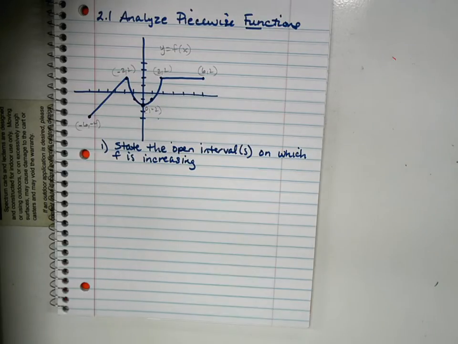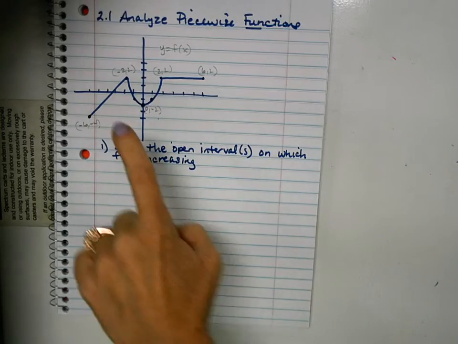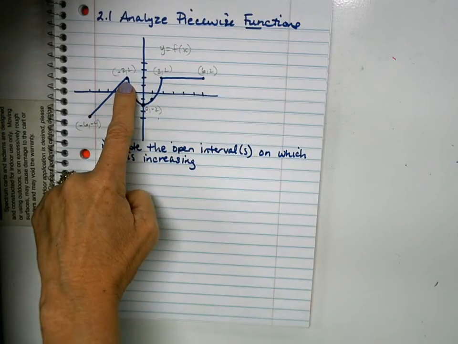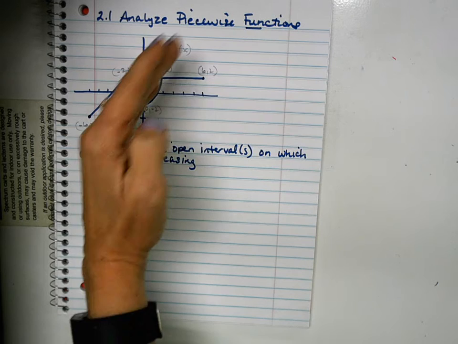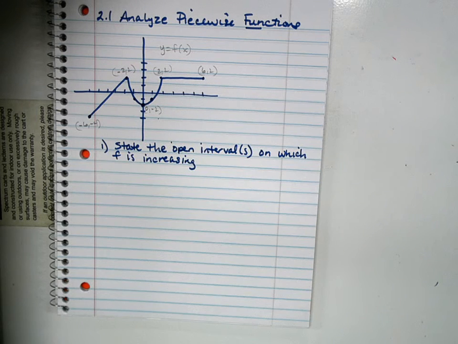Okay, so here's what you're going to look at here. When it says state the open intervals, what that means, you guys, is we're just going to always do parentheses for when it's increasing or decreasing. There actually is not agreement in the world of calculus or in the world of math as to whether right at, say, -2, is that function increasing or decreasing? Some would say coming into -2 it's increasing, and so I should put a bracket there.